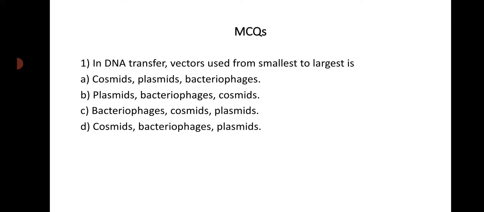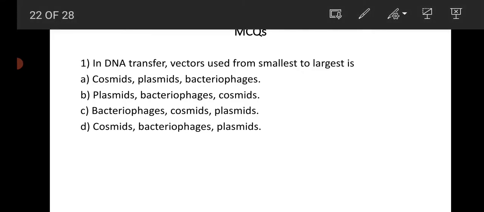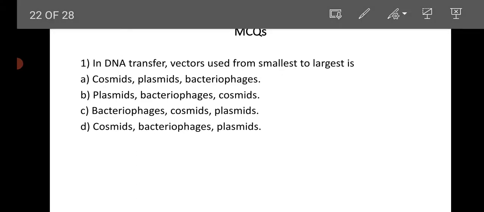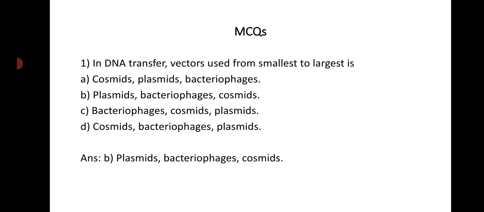So remember, vectors used from smallest to largest is plasmids, bacteriophages, cosmids. Plasmids can carry smallest DNA fragments, then bacteriophages, a little bigger than plasmids. Cosmids can carry most big DNA fragments. So this is the order from smallest to largest.